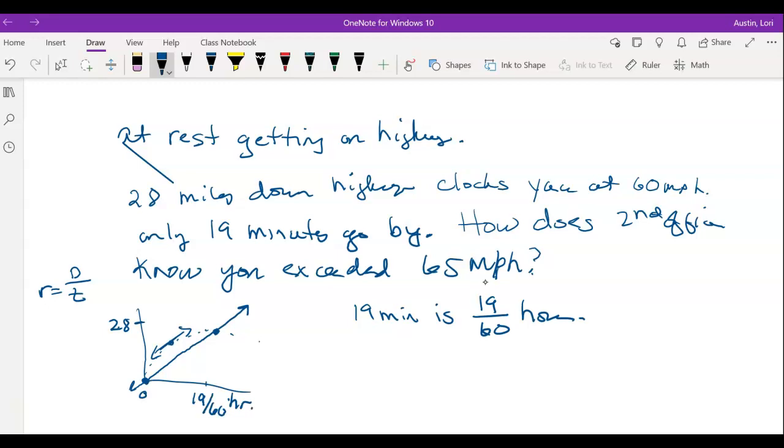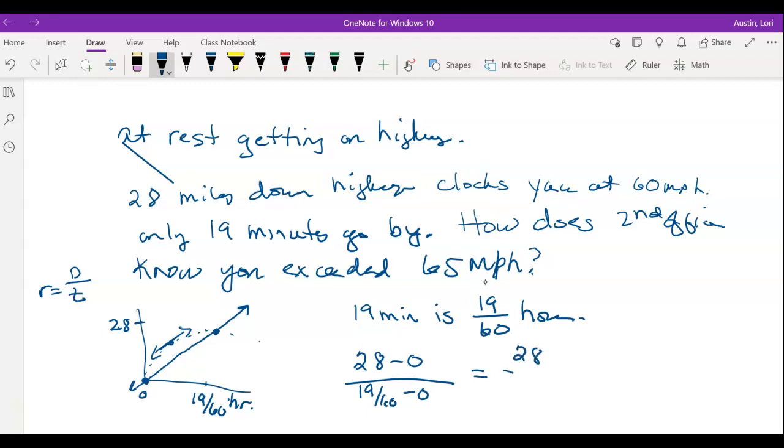Okay? So let's find our slope. Well, there's really not a lot you've got to do here. F of 19/60ths is 28 minus 0 divided by 19/60ths minus 0.